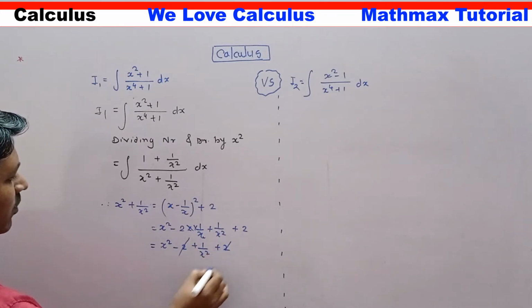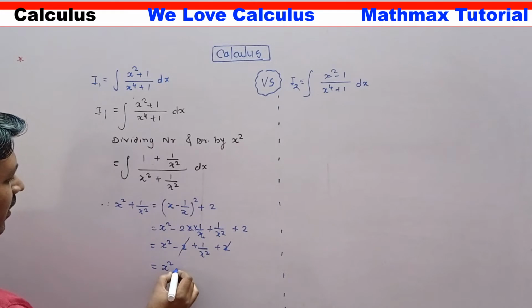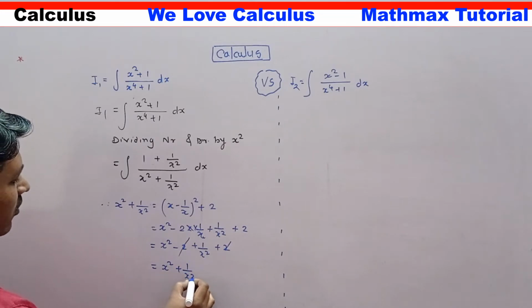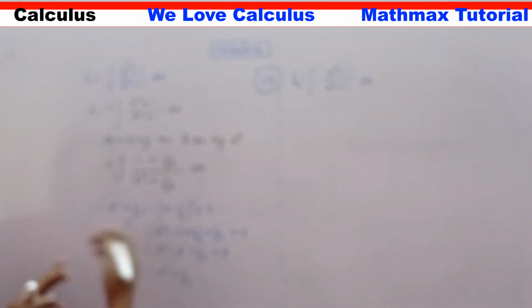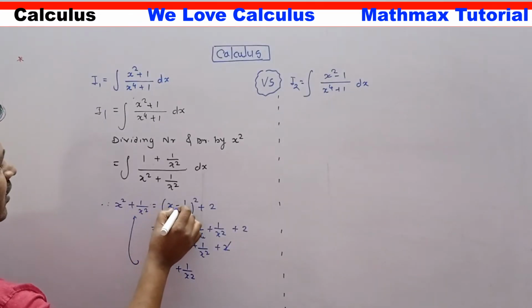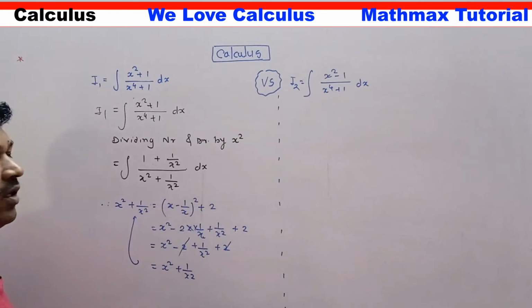The minus 2 and plus 2 get cancelled, and we get x square plus 1 upon x square, which is the original term. Therefore we can arrange the term as (x minus 1 by x) whole square plus 2.